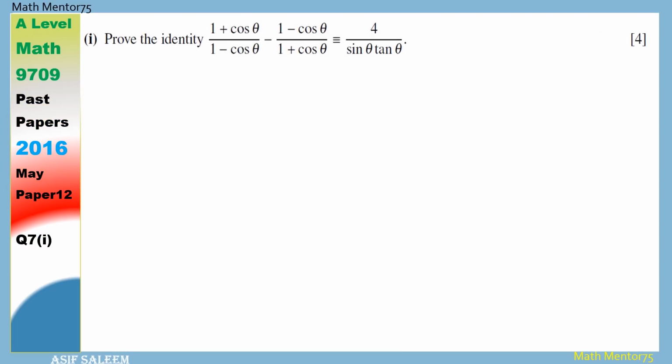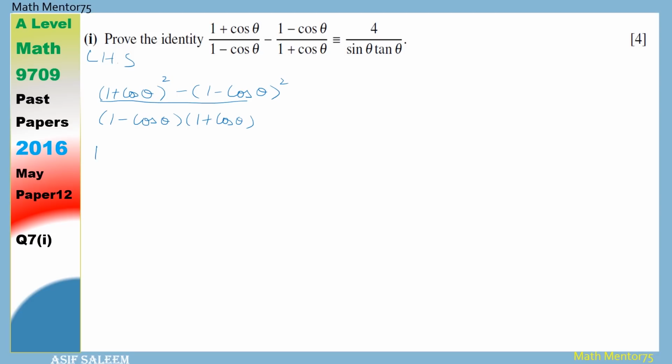Question number 7, trigonometry. We have to prove this identity. Let's choose the bigger side, which is left hand side. In this case, left hand side, we will simplify and equate it to right hand side. Let's take the LCM of left hand side. LCM would be 1 minus cos theta, 1 plus cos theta, and the numerator would become 1 plus cos theta into 1 plus cos theta, whole square, 1 minus cos theta into 1 minus cos theta, again whole square. Now let's expand these.